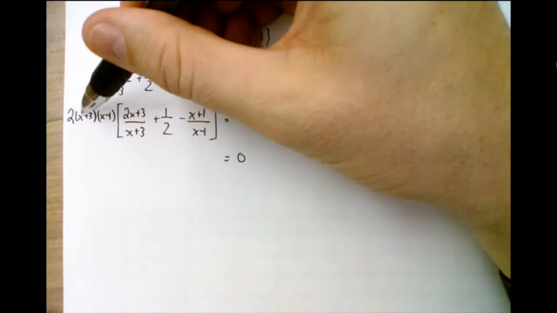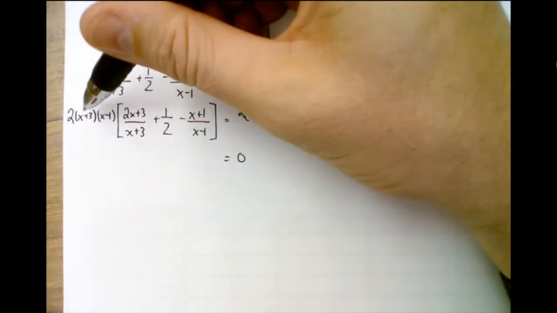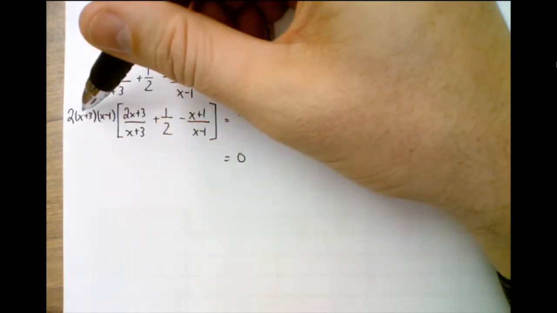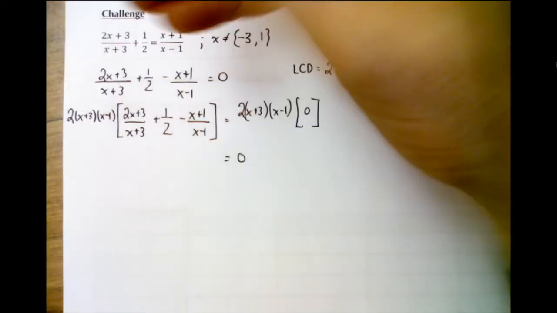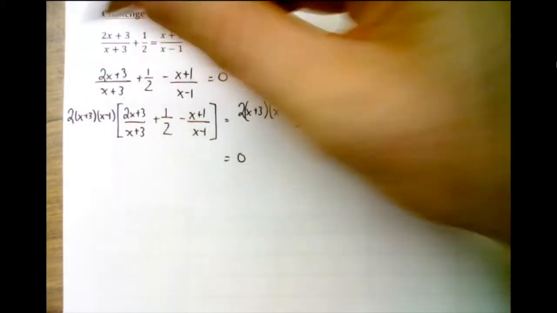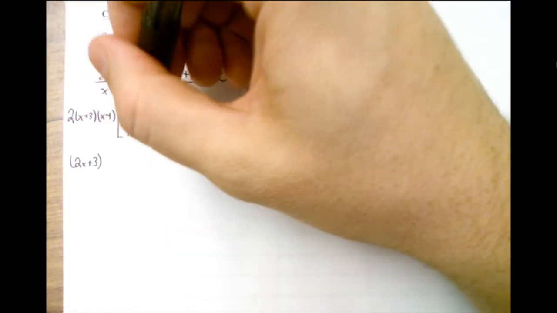Our 2 times (x plus 3) times (x minus 1), if we multiply it by our first term, we will have an x plus 3 on the top, and we already have an x plus 3 on the bottom. So those will divide away, and you'll be left with just the original top, which was 2x plus 3, times the parts in your lowest common denominator that weren't in the denominator of your original.